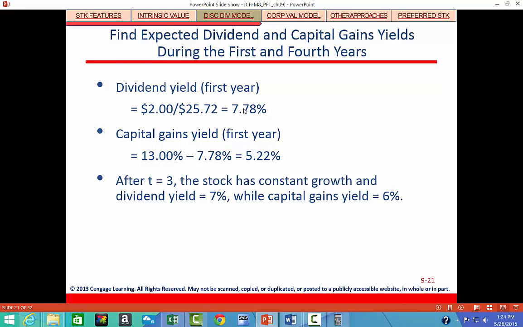And just like before, the dividend yield and capital gains yield will be the same for the first 3 years at the 7.78 and the 5.22, since that dividend stays at the same dollar amount. And then after year 3, when it becomes that constant growth rate stock, the dividend yield will go to 7% and the capital gains yield will go to the constant growth rate of 6%.